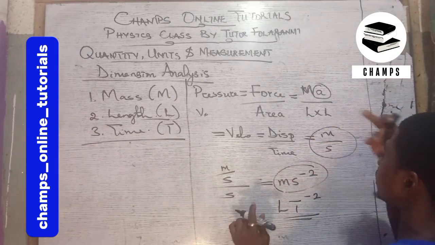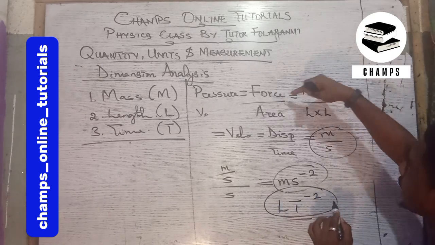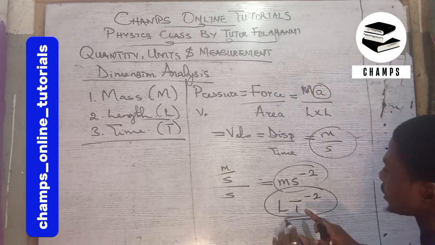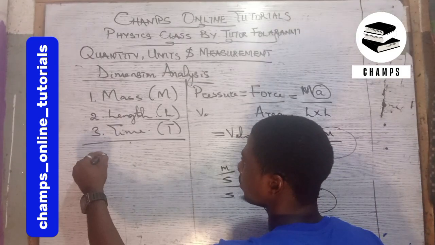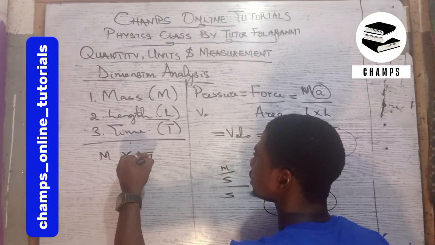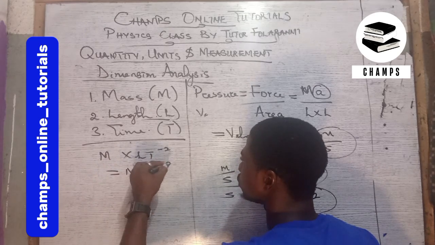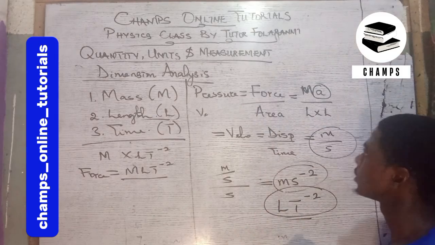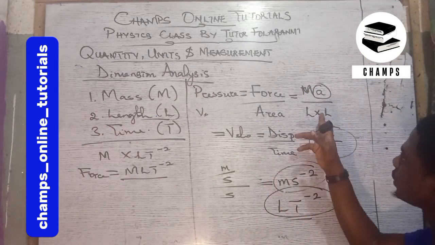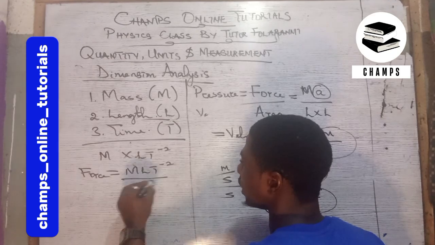Since we already know what our mass and acceleration is, we have mass, which is M, multiplied by LT minus 2, which will now give us MLT minus 2. This is the dimension of force, right? And we also have the dimension of area, which is L times L, length times length. So that means we have L squared for area.